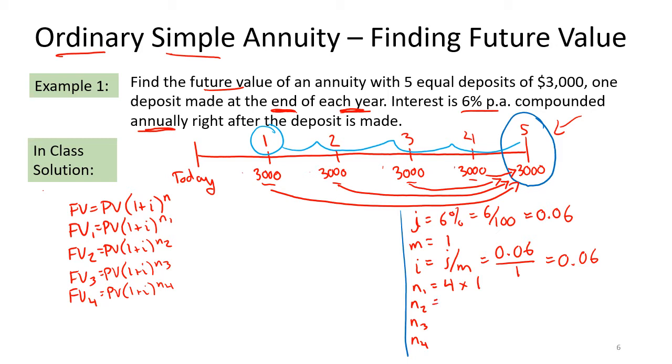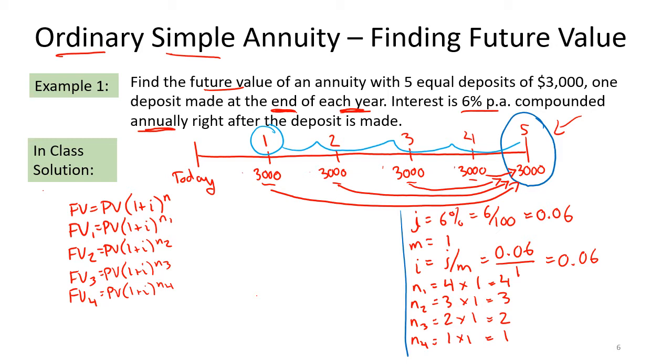For N2, we've got to go 3 years from year 2 to year 5, so 3 times 1. For N3, we have to go from year 3 to year 5, which is 2 years. And for N4, we just have to go 1 year from year 4 to year 5. So that means N1 is 4, N2 is 3, N3 is 2, and N4 is 1. Okay, this is just for the 4 deposits, again, that are not already at the focal date.